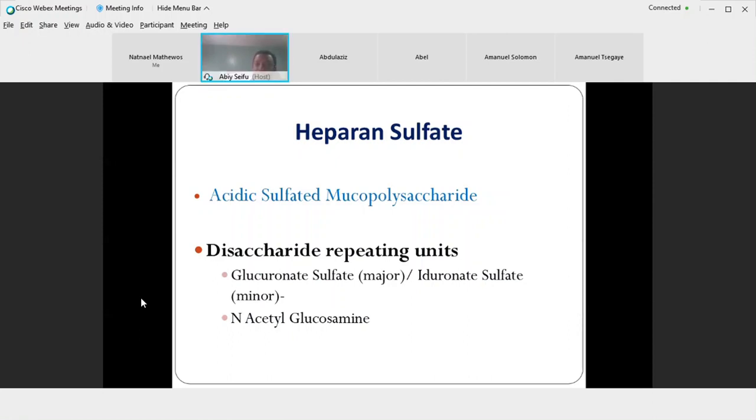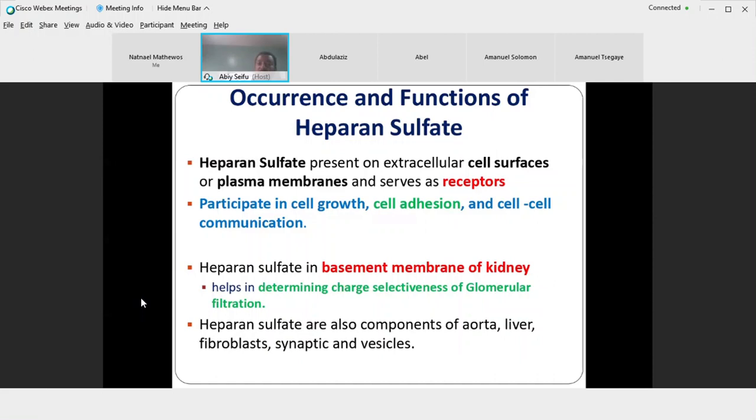The other is heparan sulfate. This is an acidic sulfated GAG. It has repeating monomeric disaccharide units. What's the function of heparan sulfate? It is mainly found on receptors on the plasma membrane, and it can act as a receptor. It is useful for cell growth, cell adhesion, and cell-cell communication.